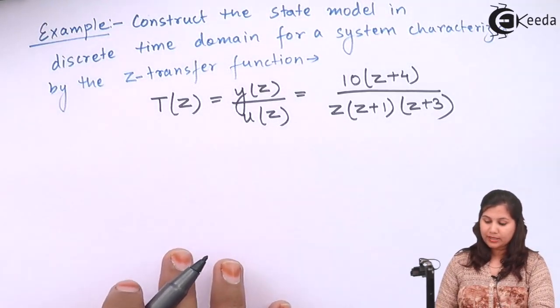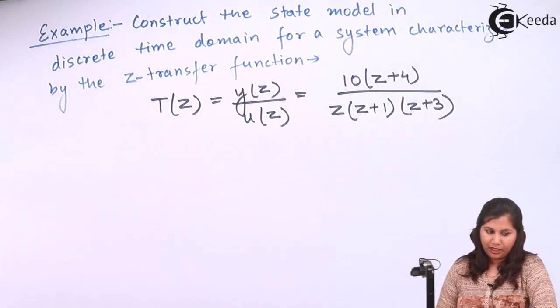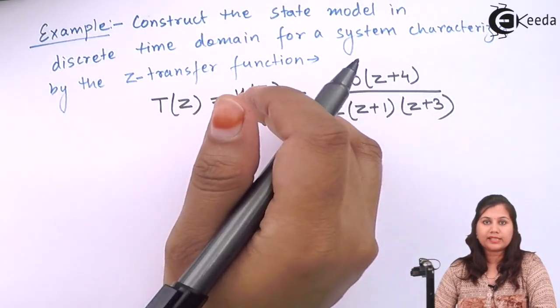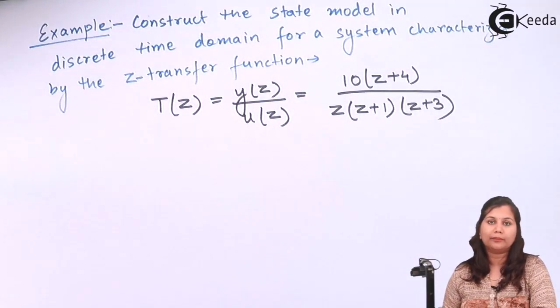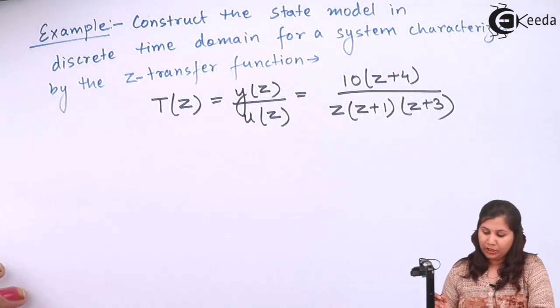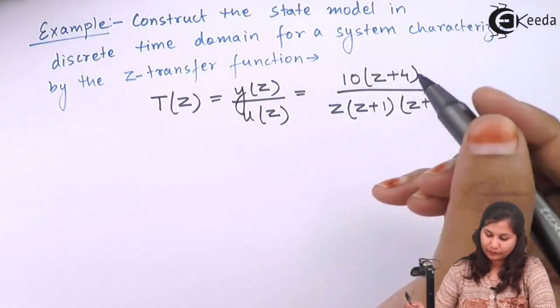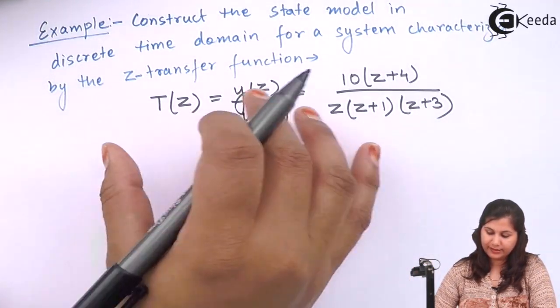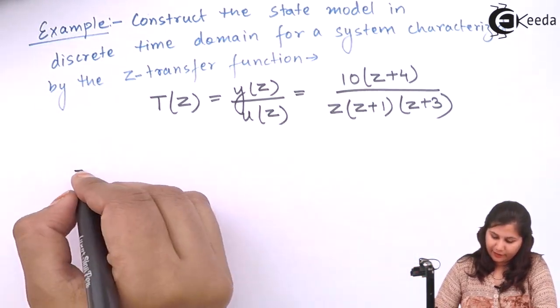So how can we construct the state model in the discrete time domain? Now there are two ways. First is through the signal flow graph and second is through the block diagram. So first we will do it with the signal flow graph. Now let us convert the Z transform transfer function given to us into a suitable form.